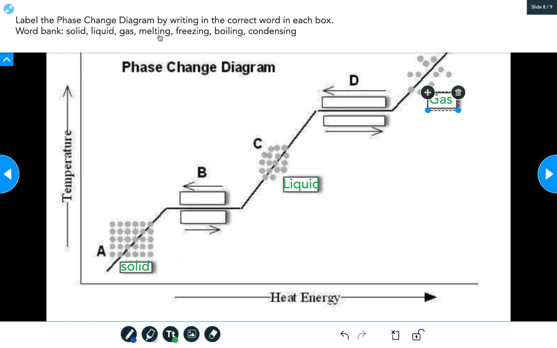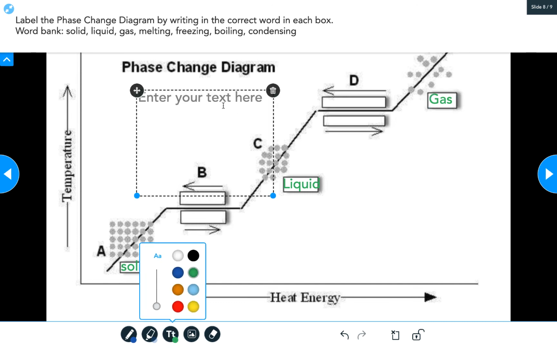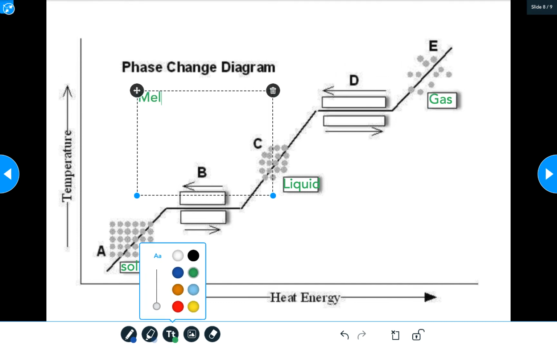Let's see. When ice melts, what do we call that? That's right, melting. So we're going to put melting right here. Melting.